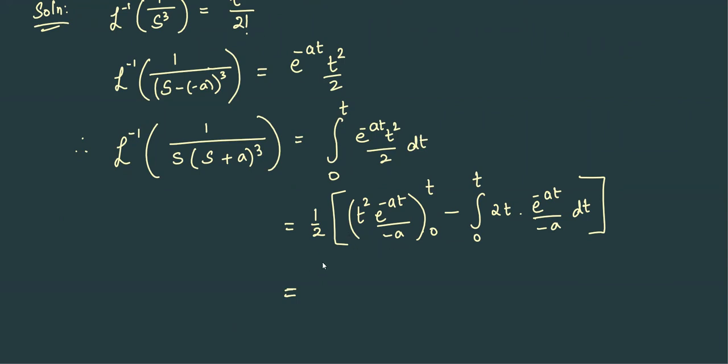Okay, so let us substitute the limits here. The second limit, if we substitute 0, the whole term will be 0. So we are left with the first limit only. So you get minus 1 by a t square e power minus at after substituting the upper limit. Now this becomes plus 2 upon a integral u e power minus au du.